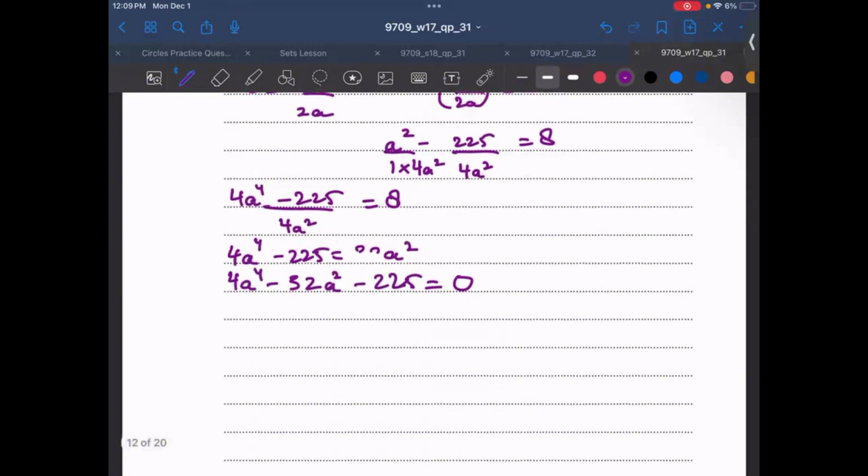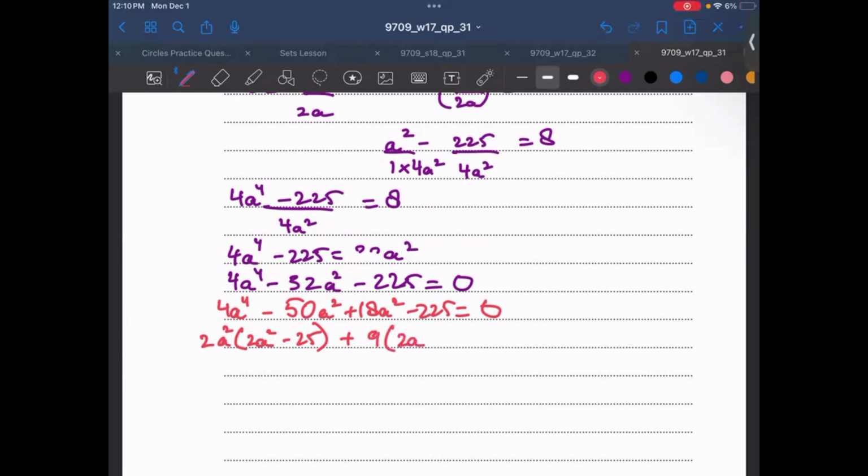Now solving this quadratic equation, we can solve this by middle term breaking. We'll get 4a to the power 4 minus 50a squared plus 18a squared minus 225 equals 0. Taking 2a squared common, we'll get 2a squared times (2a squared minus 25) plus, taking 9 common, 9 times (2a squared minus 25) equals 0.